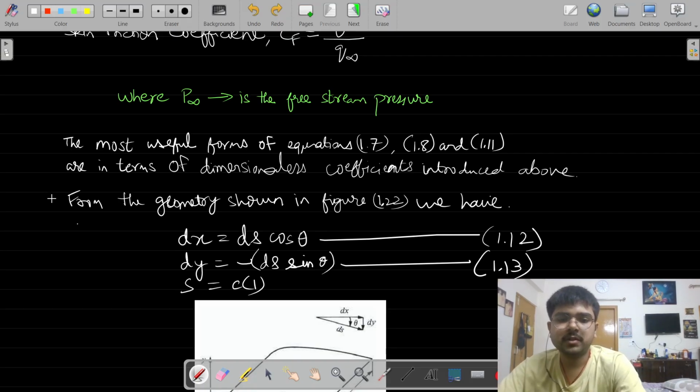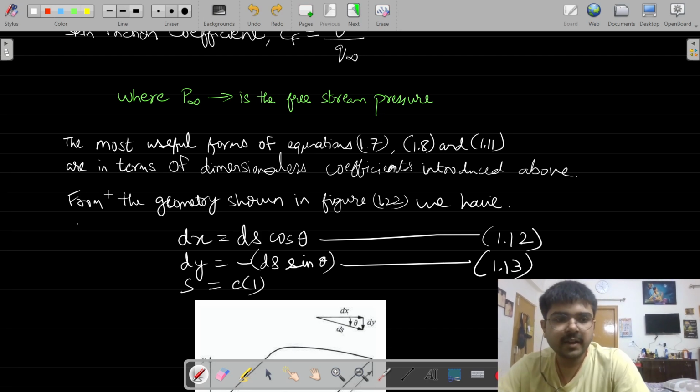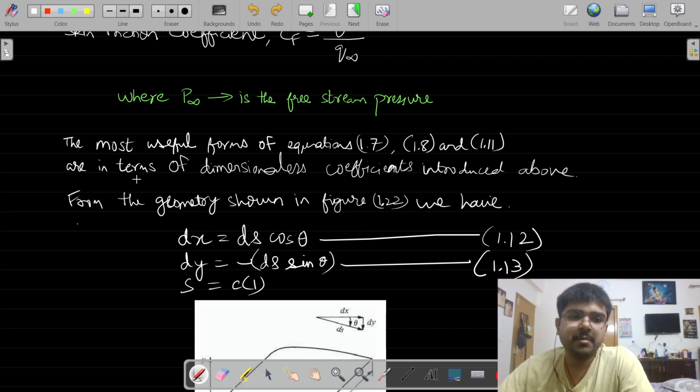These equations are the equations that we had studied in the last lecture. They can be formed such that they contain the dimensionless coefficients introduced above.